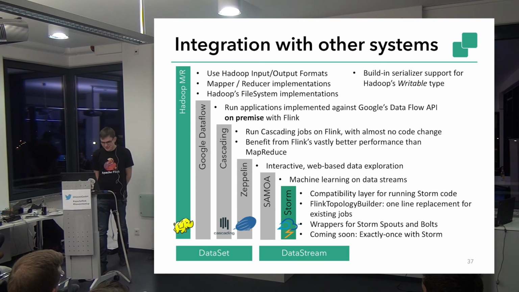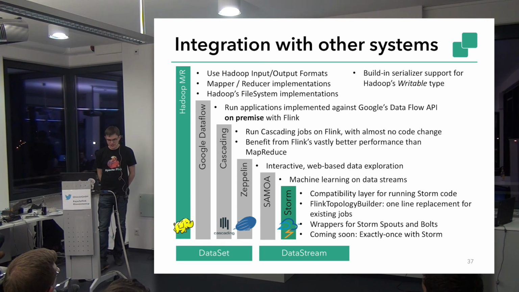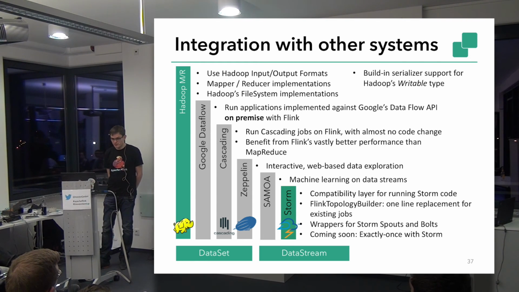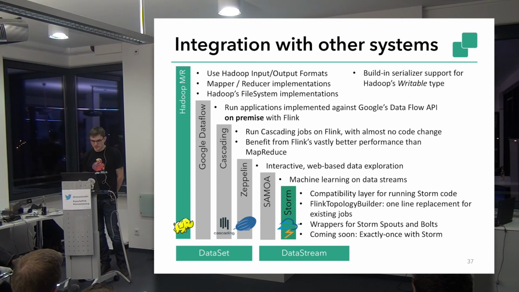And the next slide is going to add a lot more stuff to our stack, which is integrations with other systems. So Flink has a very good integration with Hadoop. We can use all the existing input and output formats of Hadoop. So if you have, I don't know, some fancy in-house file format, you can read that in Flink as well.